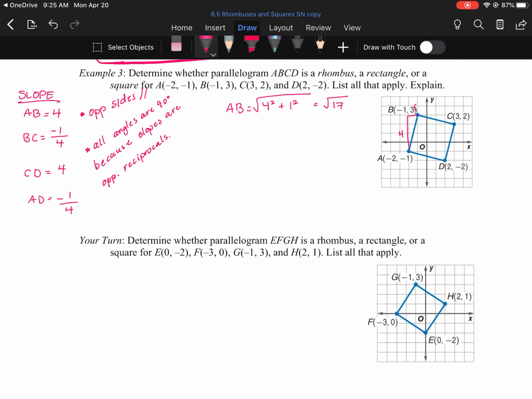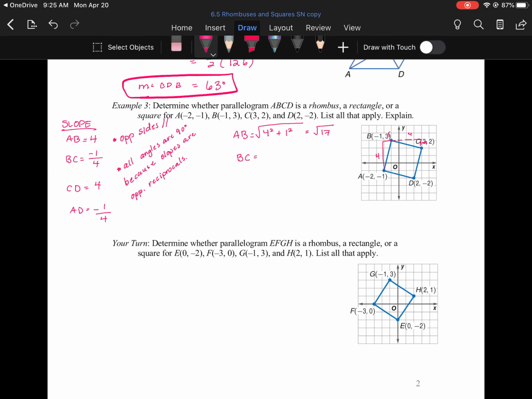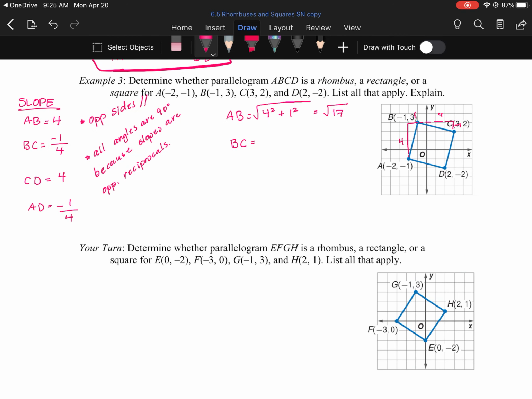So I'm going to do B to C. Sorry, I'm moving it a little bit. So we have the square root of 4 squared plus negative 1 squared. So 16 plus 1, that's still the square root of 17.